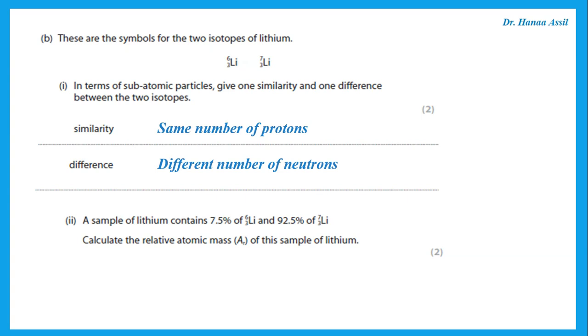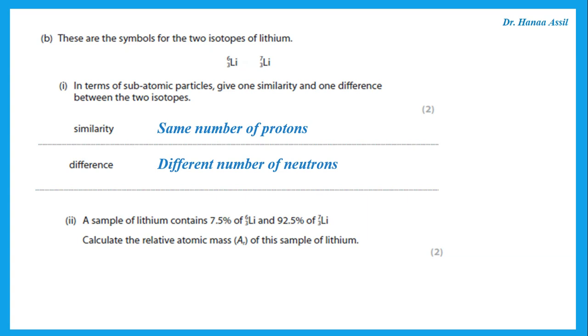So same number, and he's saying in terms of subatomic particles. So don't say that the similarity is same atomic number. No, he wants protons, neutrons, electrons. So similarity, same number of protons. Differences is they would have different number of neutrons. That's why they have different mass numbers.